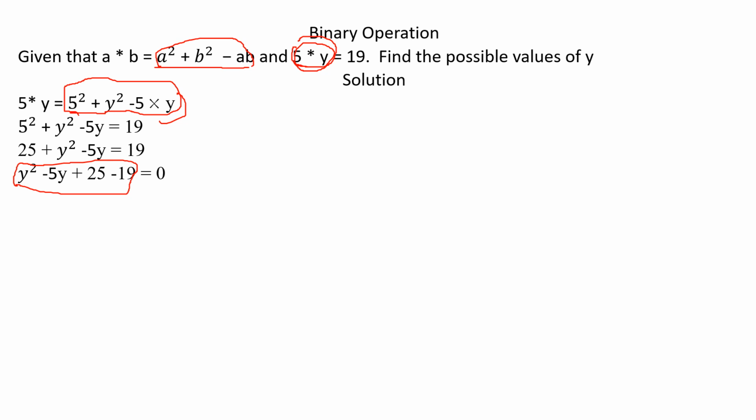So I subtracted 19 from both sides. We have 19 minus 19, that gives us 0, and then 25 minus 19. Simplifying further, we have y squared minus 5y plus 6 equals 0.